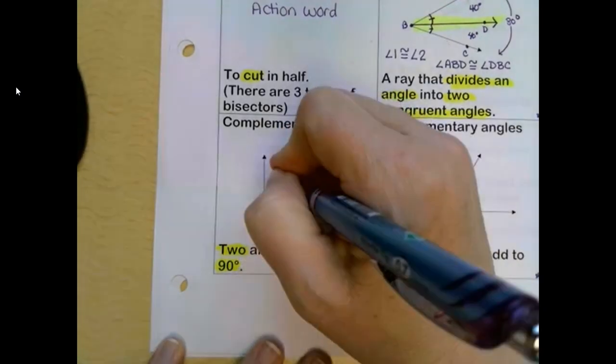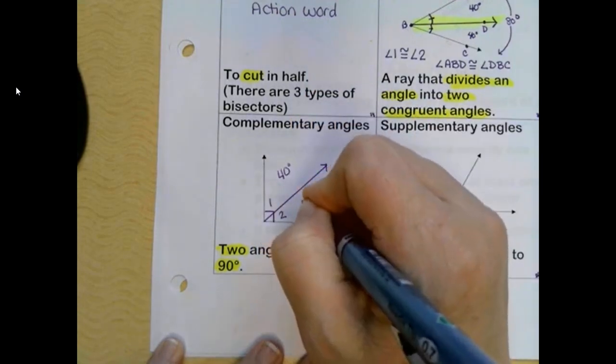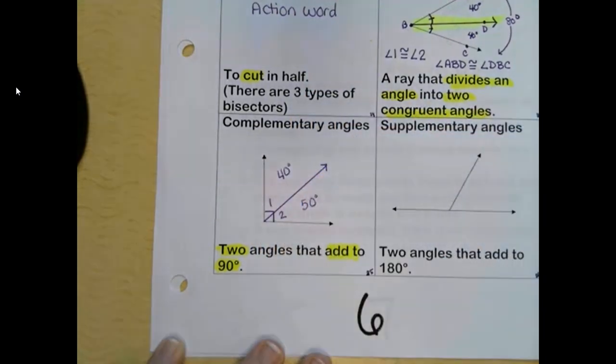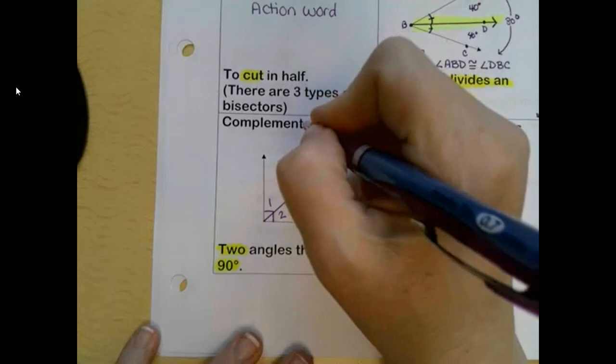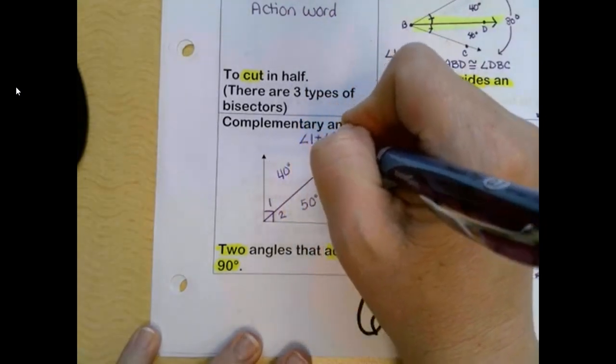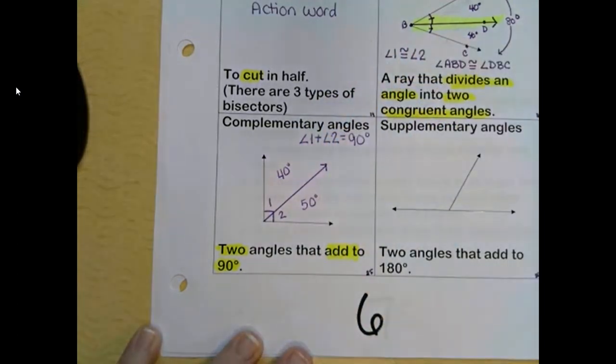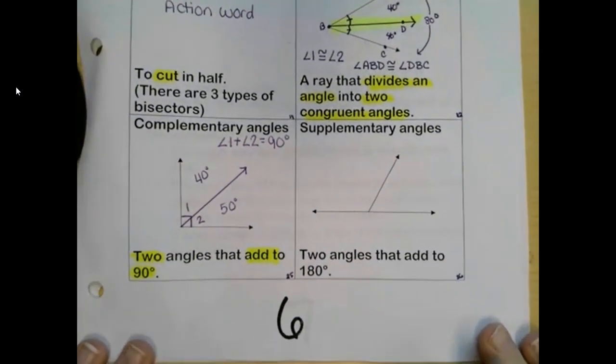Let's say that this angle is 40 degrees, and I'll make this one 50. That should make sense to you, because they should add to what? 90. Very good. So in order to be complementary, angle 1 plus angle 2 equals 90 degrees. And that is the definition of complementary.